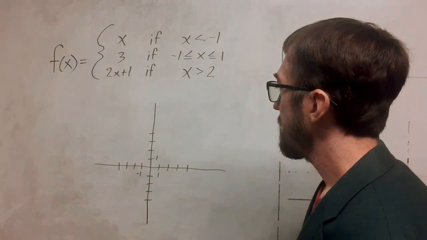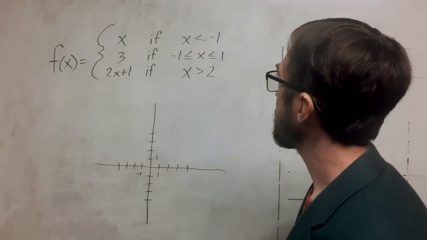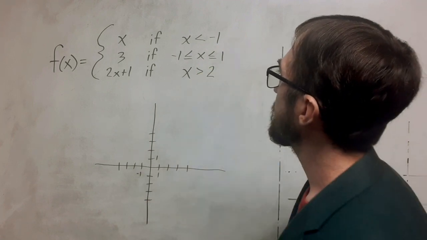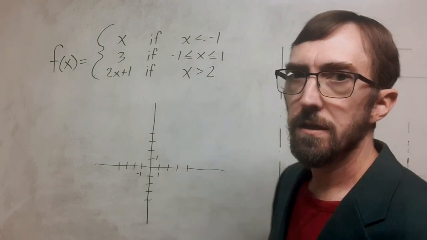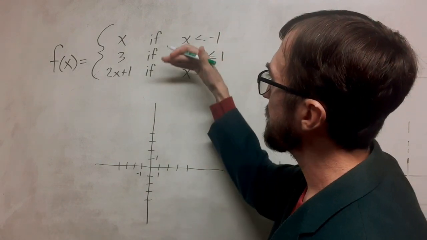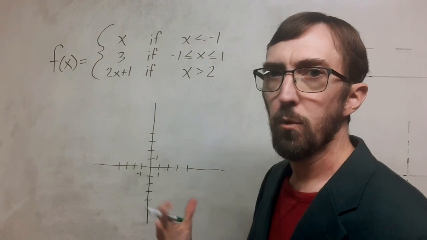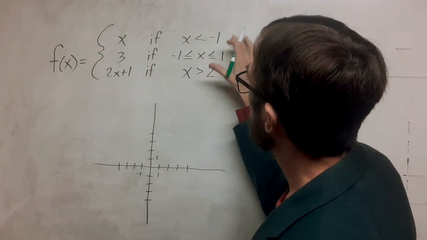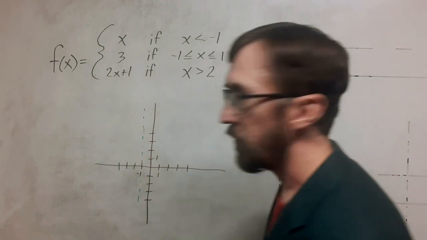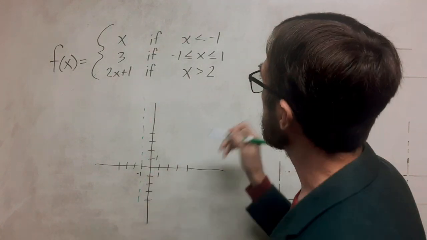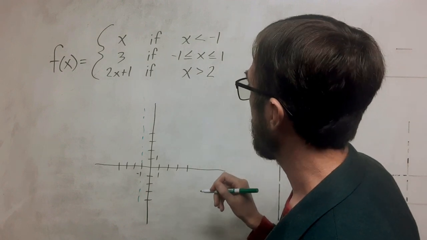When I look at my Cartesian coordinate plane here, I want to note where these critical values occur. These are kind of like invisible barriers that each piece of the piecewise function will not pass. Up here we have -1, so I want to mark at -1 that I have one of these special numbers.